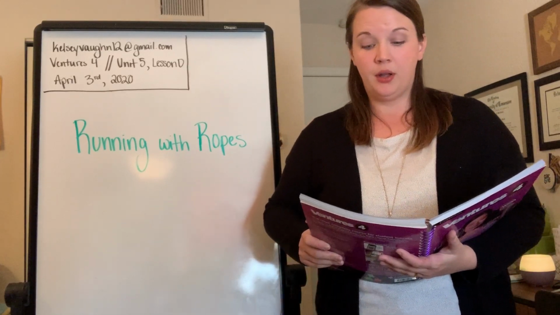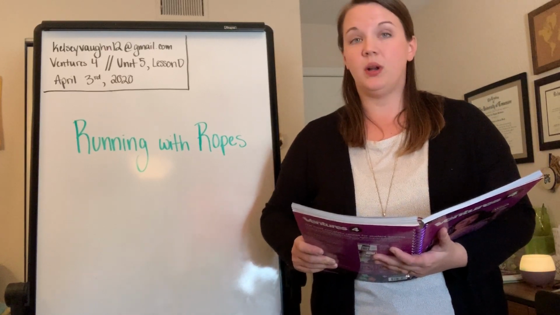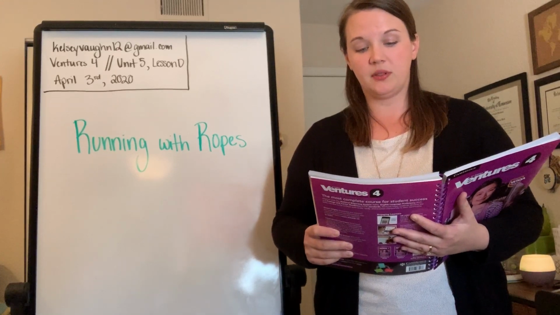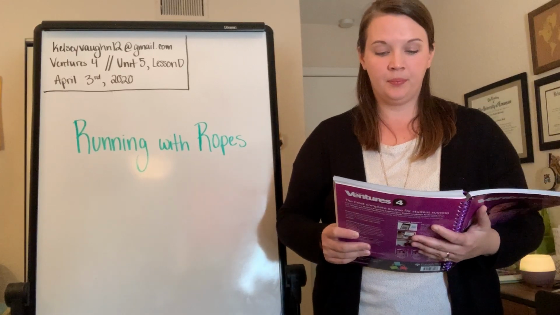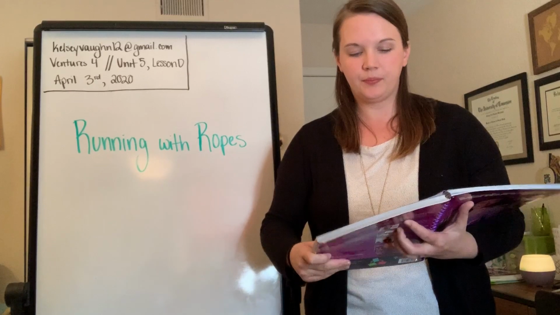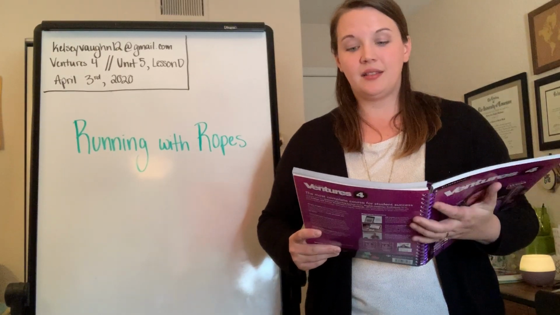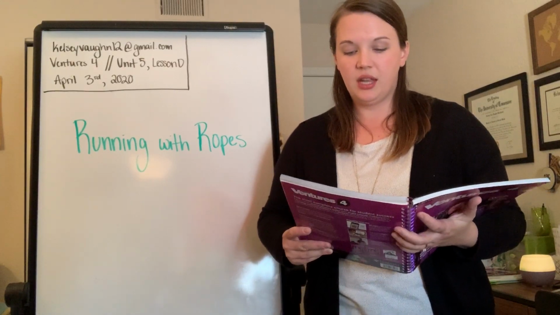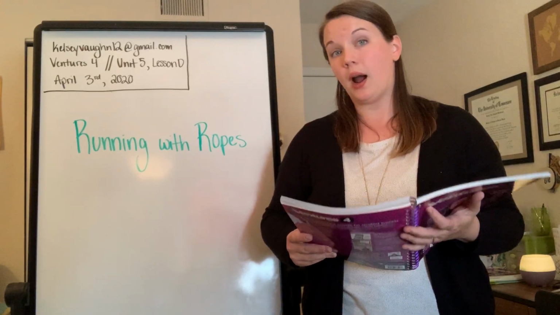Number 4. Compare what Justin says in paragraph 1 and what Scott says in the last paragraph about running with ropes. How are the statements similar? You know, similar means the same. Number 5. Based on Justin and Scott's statements about their experiences, do you think they will continue to participate in the program? Why or why not?